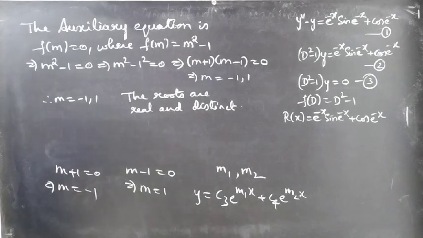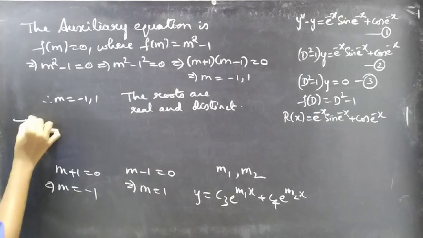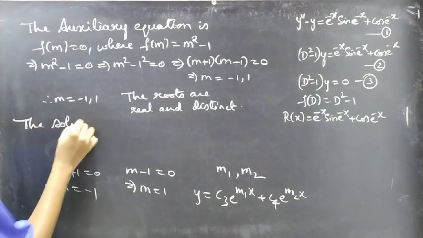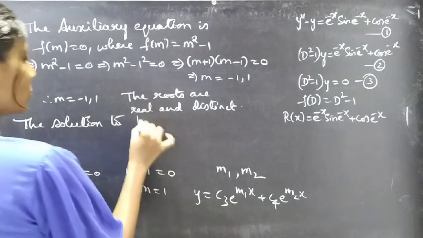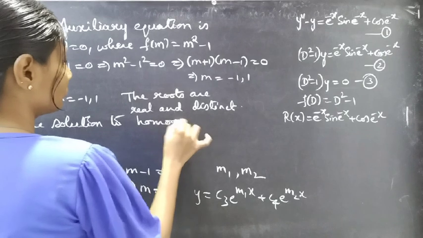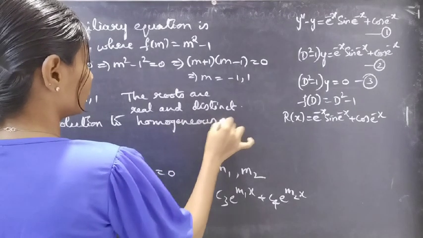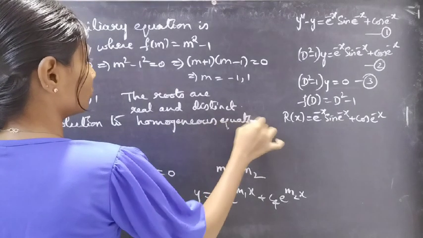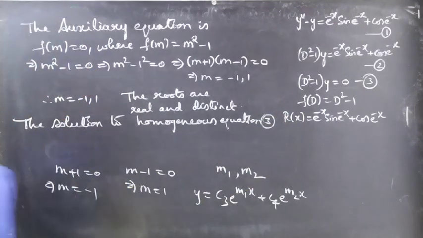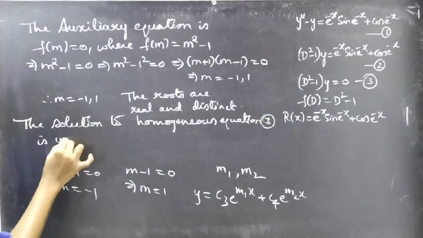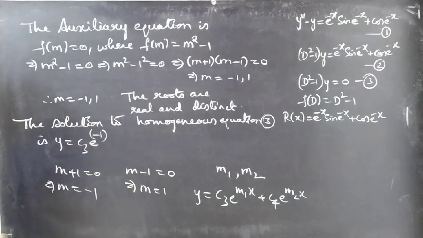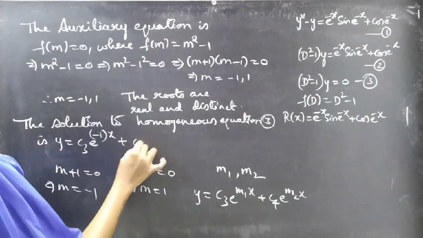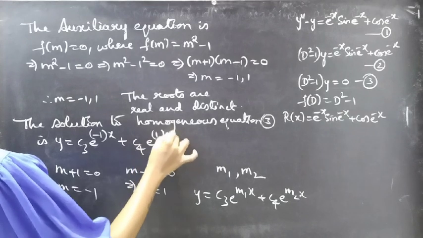Now coming to the solution to the homogeneous equation: y equal to C3 e power one root into x plus another constant into e power another root into x.